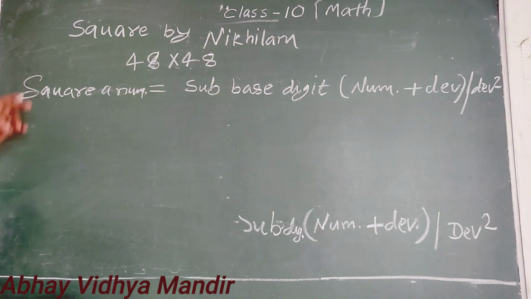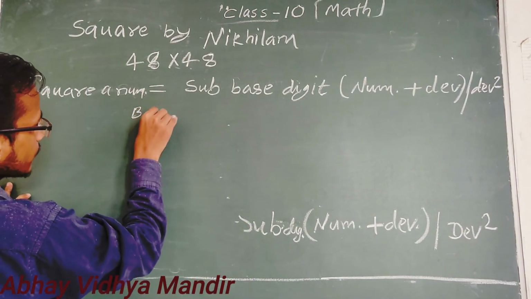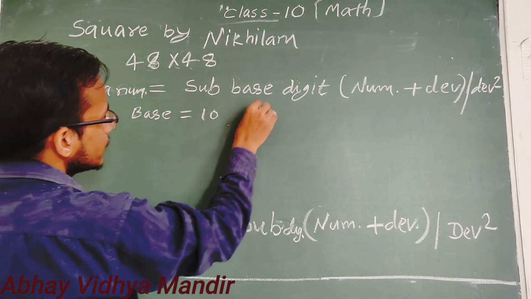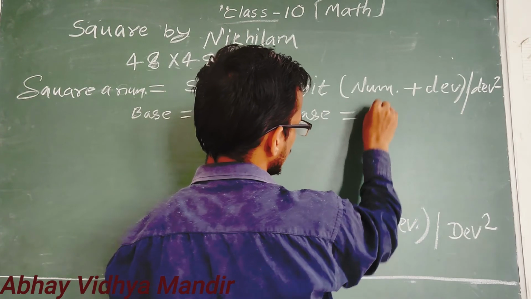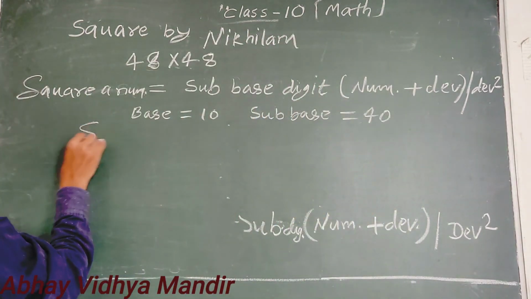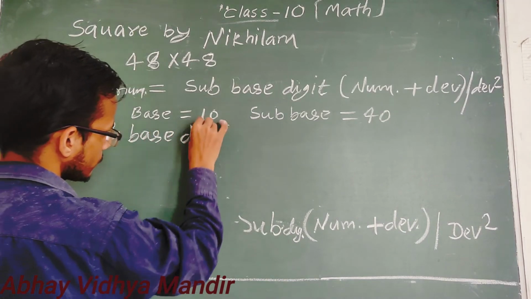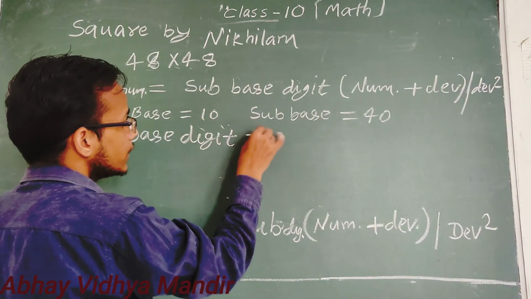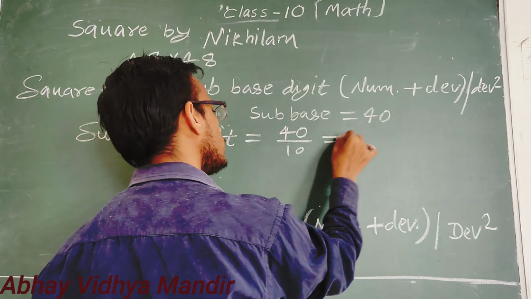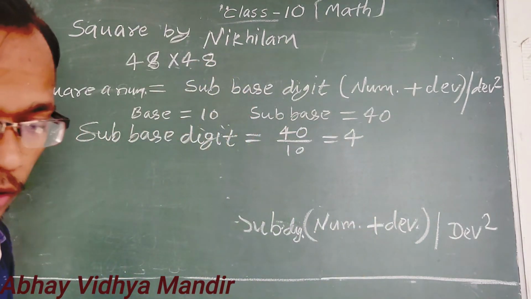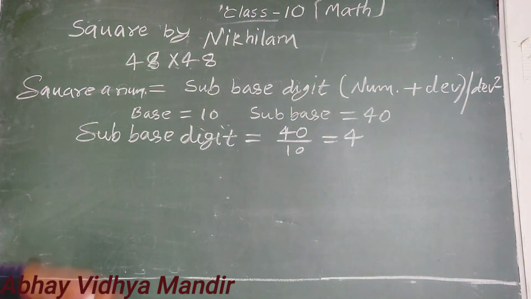Okay, let's see here. Base is what? Now we are solving this, so first what will we write? Base is 10, sub-base is 40 and sub-base digit is 40 upon 10. Now put all the values in the formula.